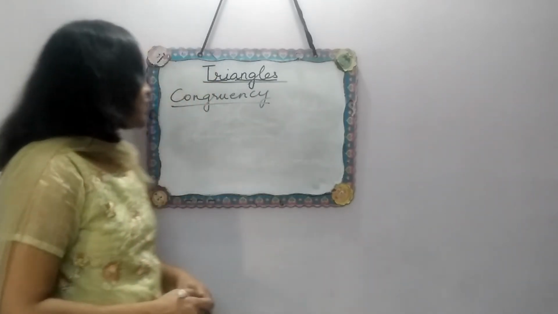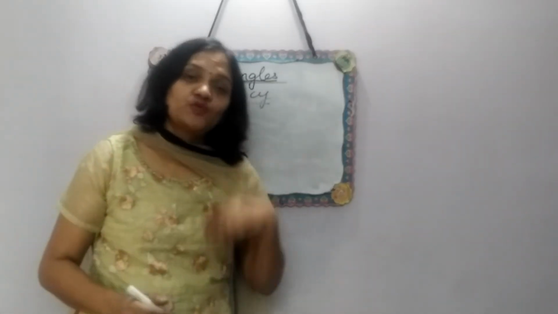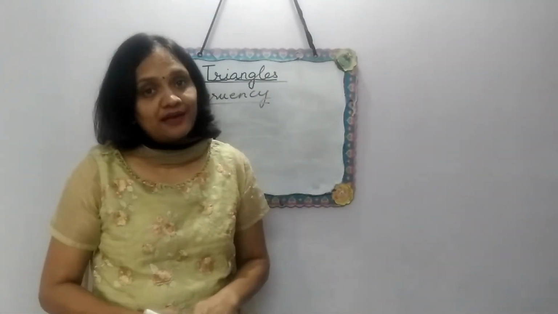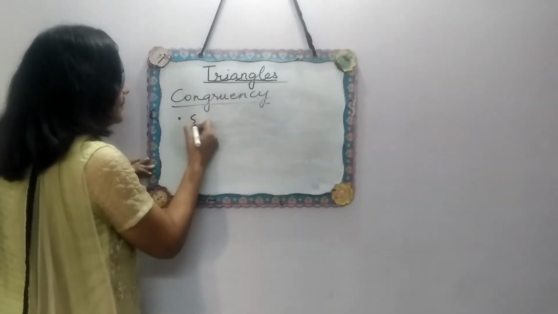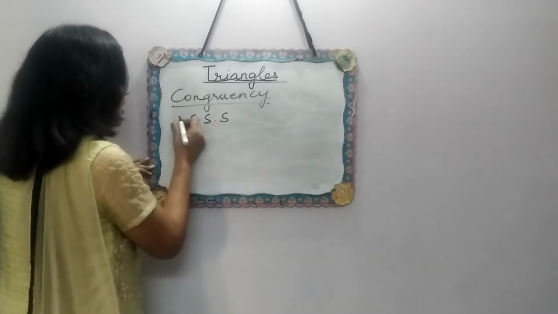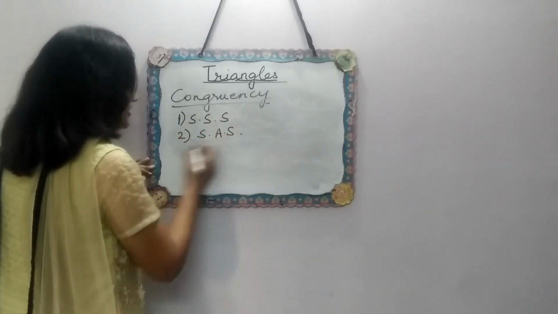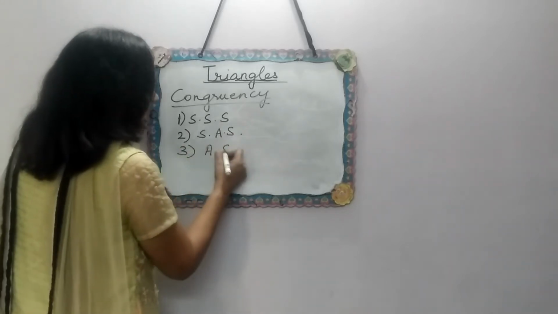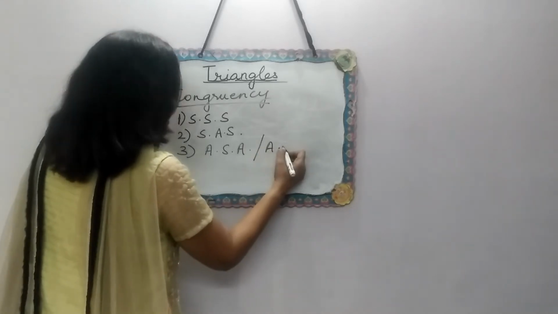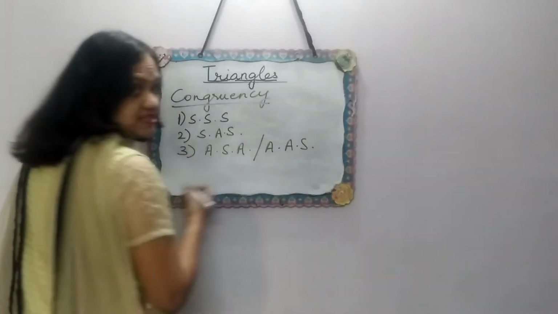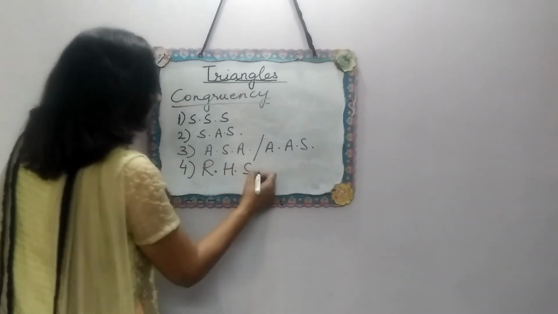Okay, now what are the properties of congruency? What are the various laws through which we can decide whether two triangles are congruent or not? And the various laws we are going to study about are SSS property, side angle side property, angle side angle property, which can be modified as angle angle side property, and right angle hypotenuse side.